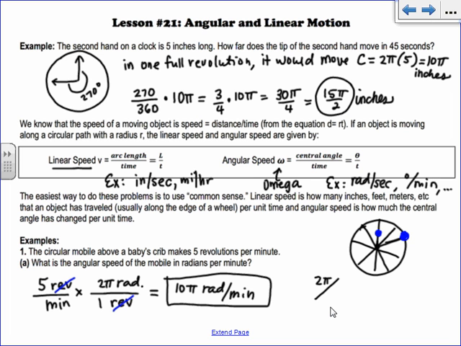So you would need to divide by that fraction of a minute, right? If you divide by that fraction, you end up multiplying by 5. Do you guys see what I'm saying? 2 pi divided by 1/5 is the same as 2 pi times 5 over 1. See how unit conversions can help simplify that process.